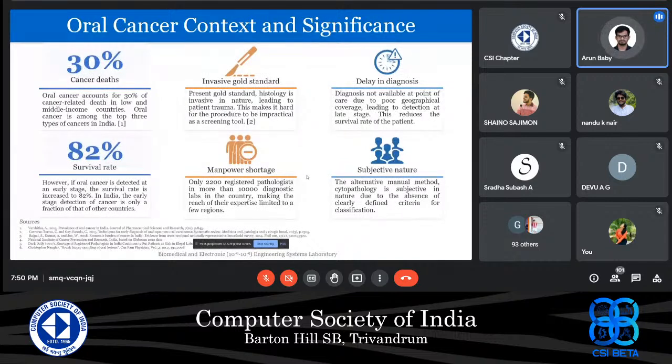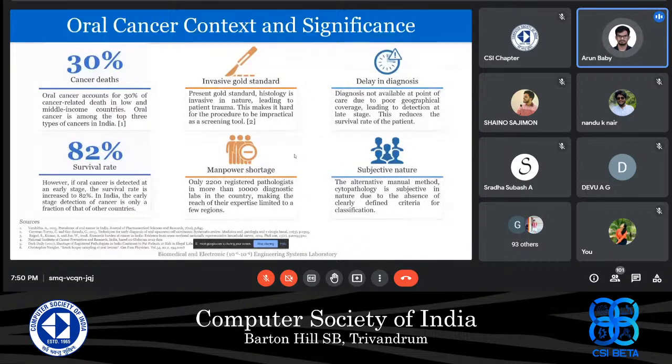But the issue with cytology is that the cellular integrity, the structure of the tissue, is lost, which is most likely the case because we are just scraping off the cells.